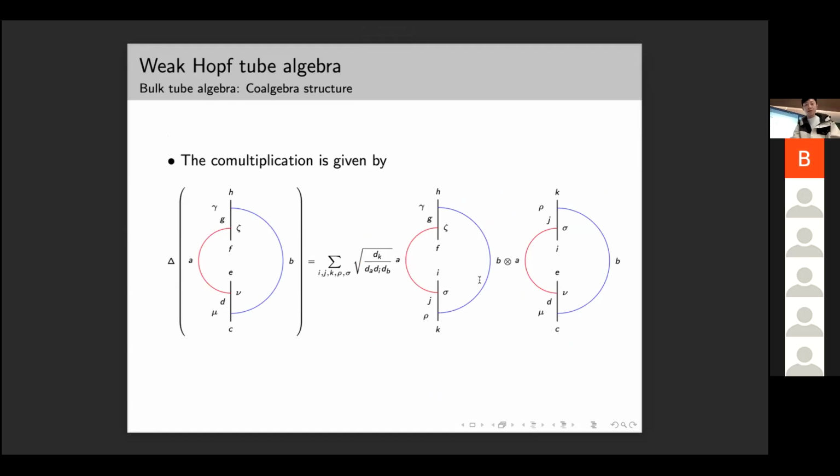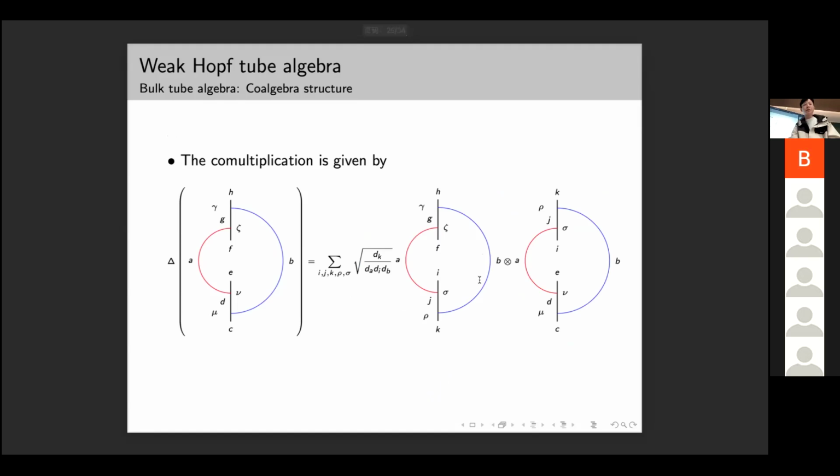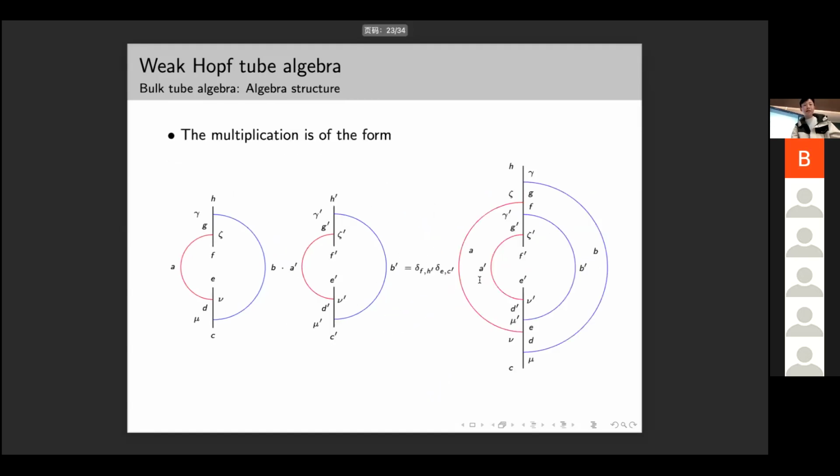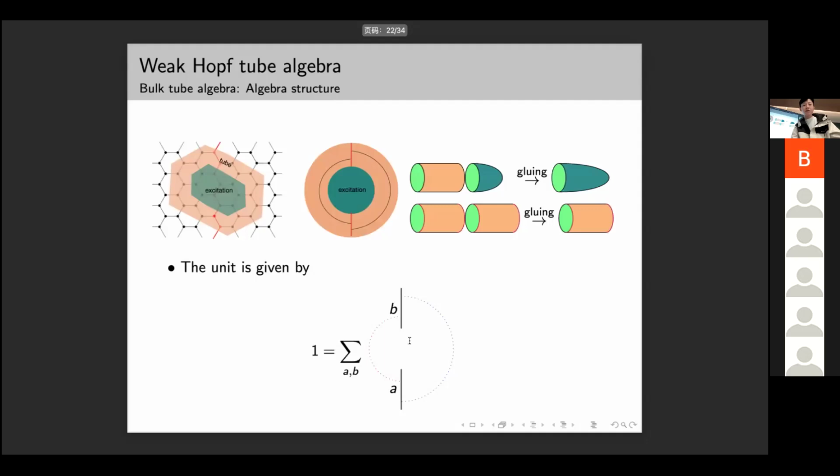And we can show that this is a co-algebra. It can also be shown that this co-algebra structure and the algebra structure are compatible with each other. They form the weak bi-algebra structure. And there is an intuitive way to understand why this is a bi-algebra structure.